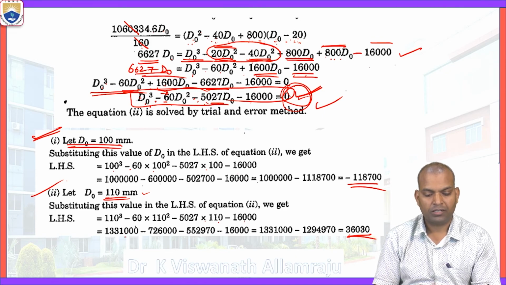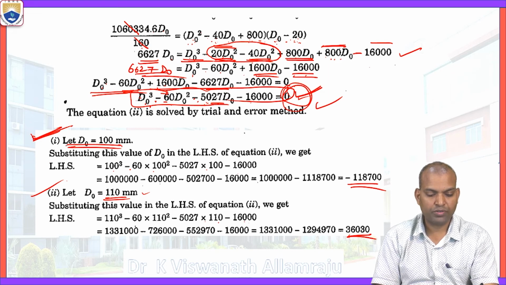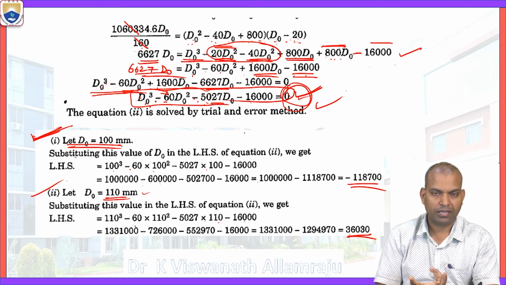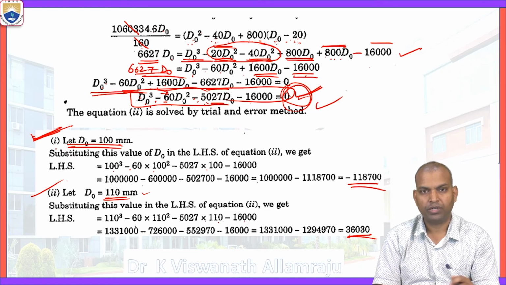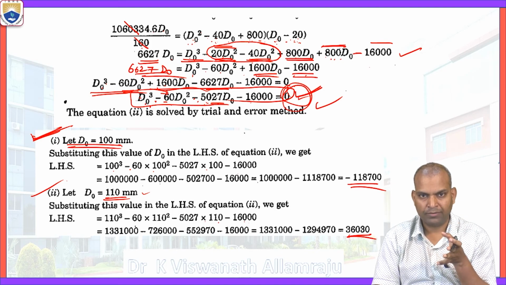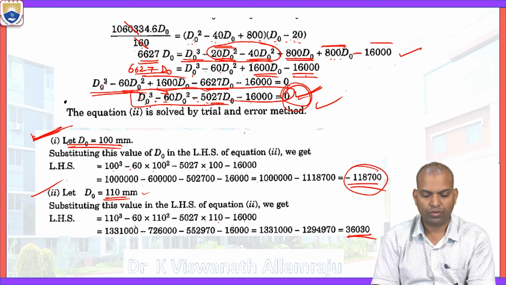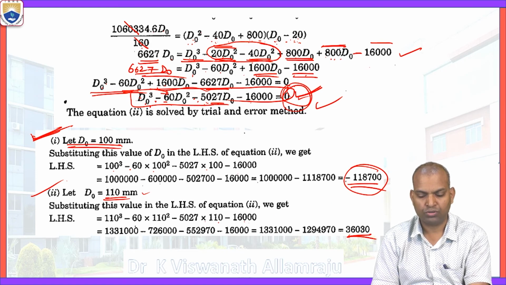We start with some value and then know the limitation. If it is negative or positive, we decide what to do next.